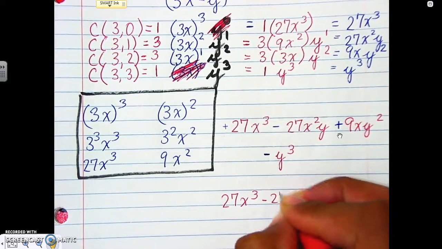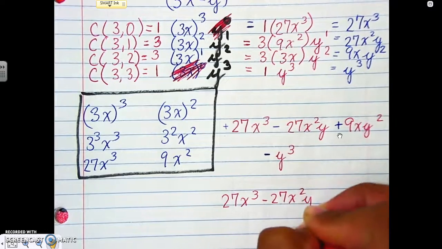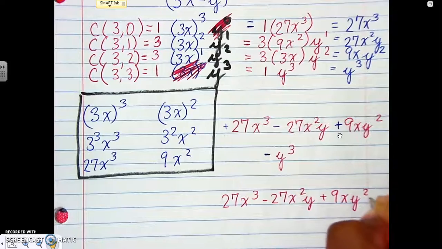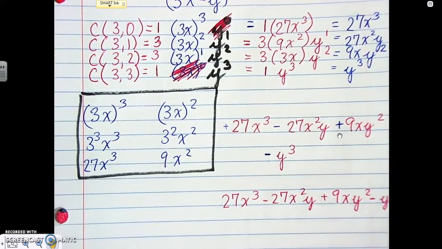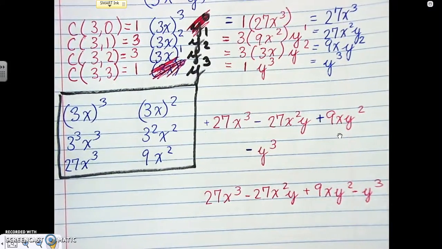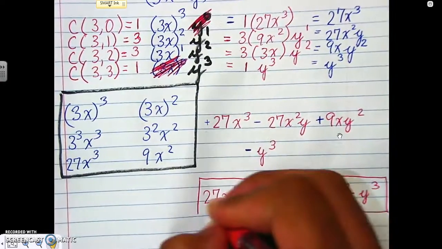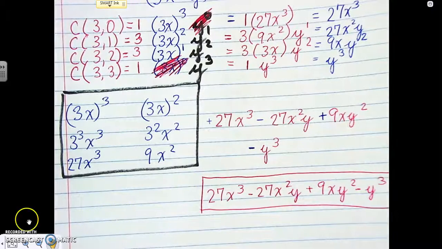So we're going to take that positive off the front, because we don't normally have a positive in the front. But we say positive because that helps us keep everything together when it comes to alternating signs. And this is our final answer. And that's it. That's it, guys. That's all.